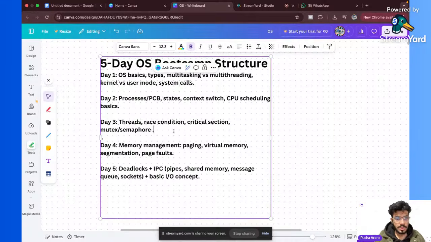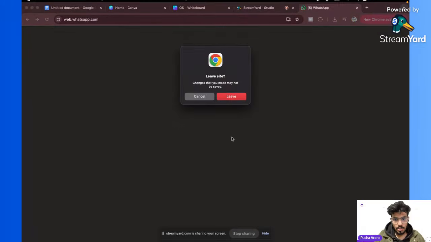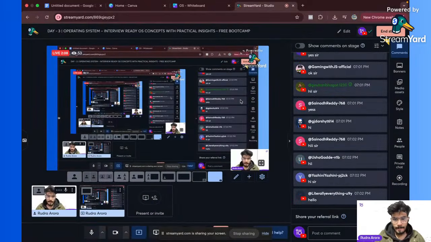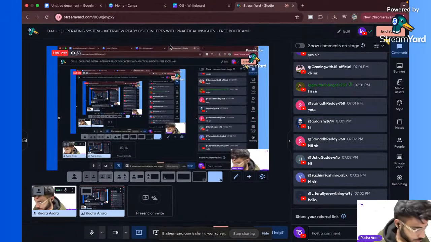In interviews, they directly ask why mutex and semaphores are used. So very basic questions are asked from these topics. Though there are higher level things, I don't think that is required at all.